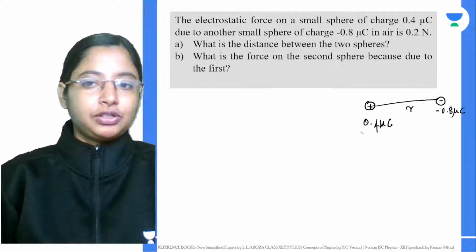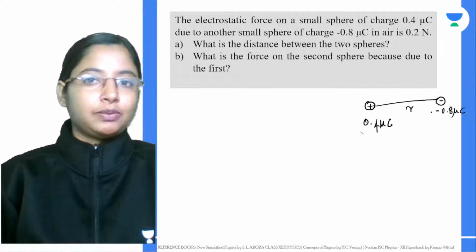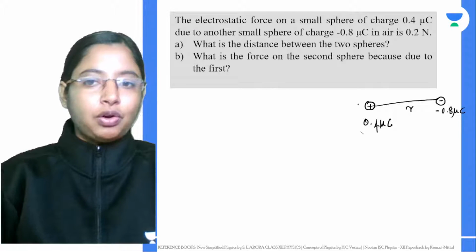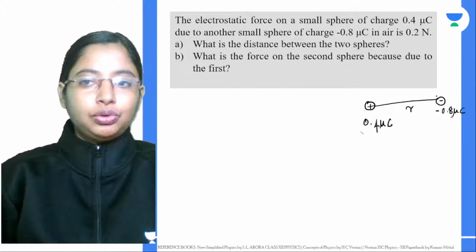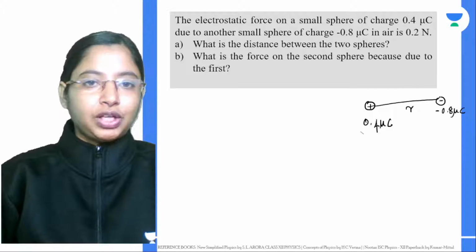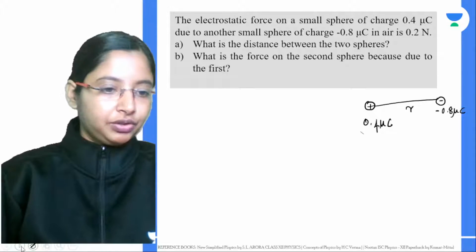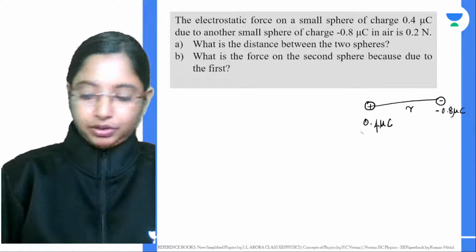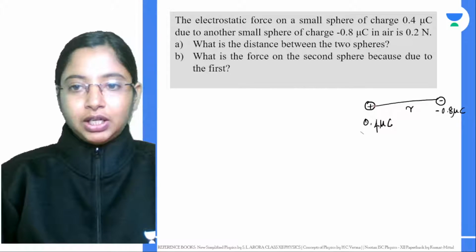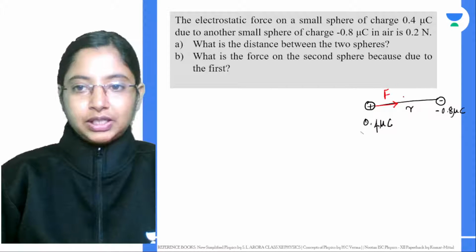The electrostatic force on the small charge due to this charge is already given. Now what will be the direction of the force, since one is a positive charge and another is a negative charge? This charge will experience a force towards the other, given as 0.2 Newton.